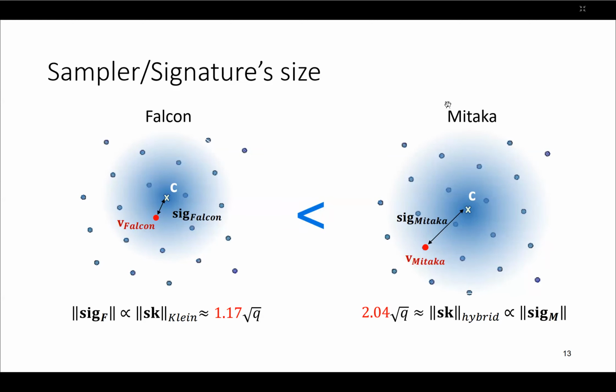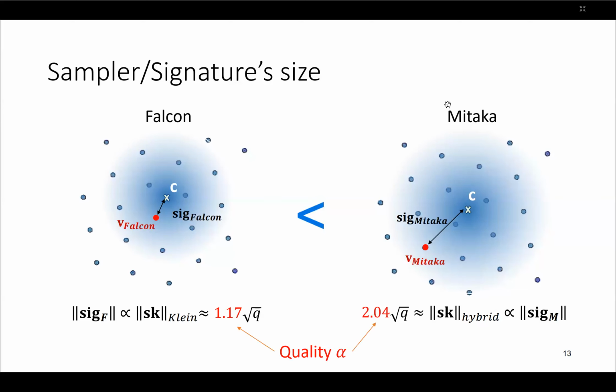In order to improve the security, we need to reduce the size of the signatures, or rather the size of the samples, which is actually related to the norm of the trapdoor measured in the matrix of the sampler. So in the Mitaka case, improving the security of Mitaka means finding a more compact trapdoor for the hybrid sampler.